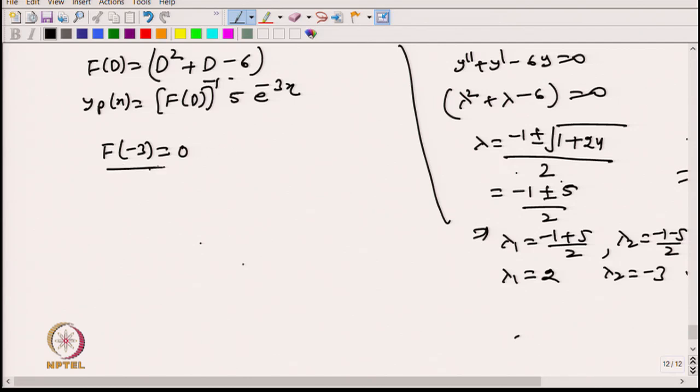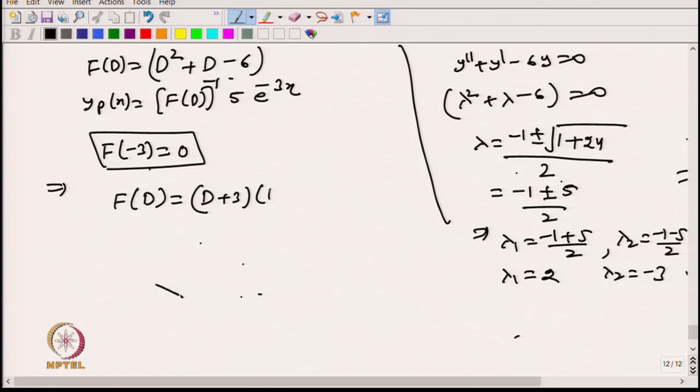So, this is case number 1, that my f of alpha is 0 and f derivative is not 0, because we have two distinct roots for this. So, in this case f dash alpha is not equal to 0. So, from here I will write my F(D) as (D plus 3) into (D minus 2).